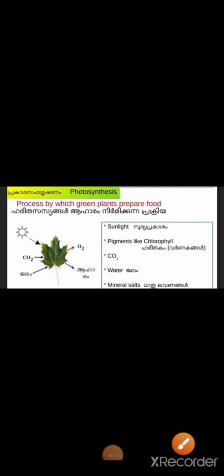Now the plants are ready for photosynthesis. Let us discuss the chemistry of photosynthesis. What is chemistry? You all know what chemistry is. Chemistry is full of atoms, molecules, elements and their reactions. When they react with each other, a new compound is formed.